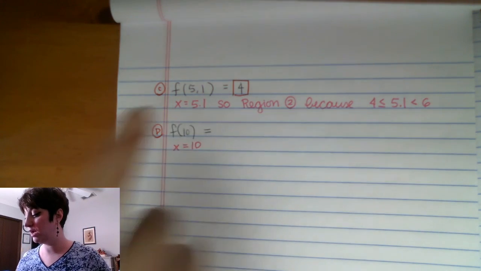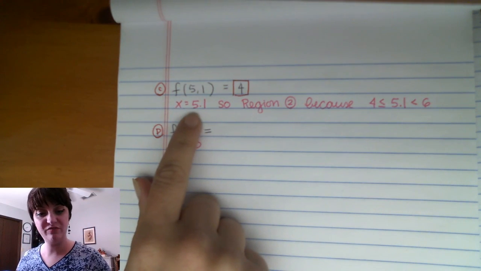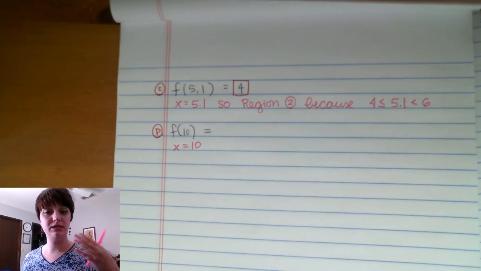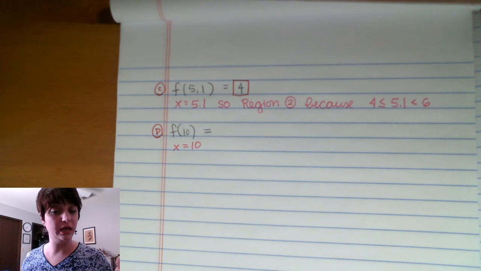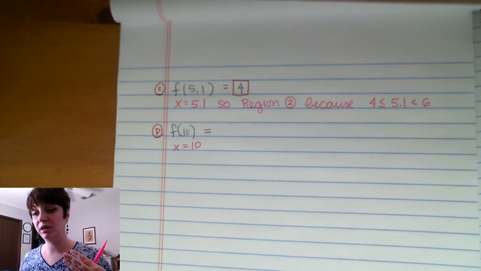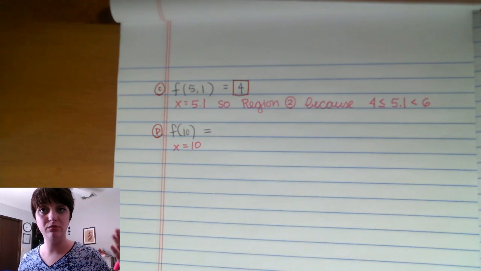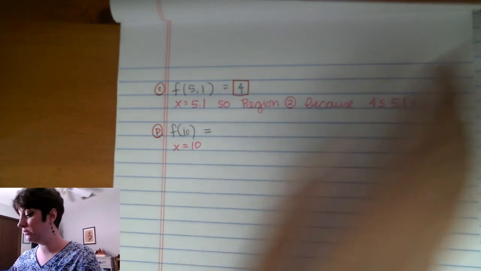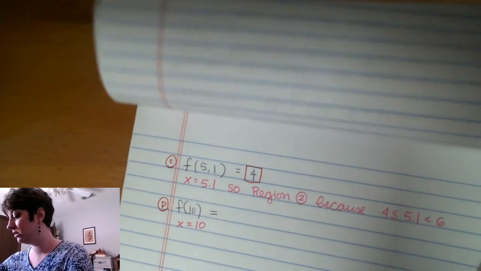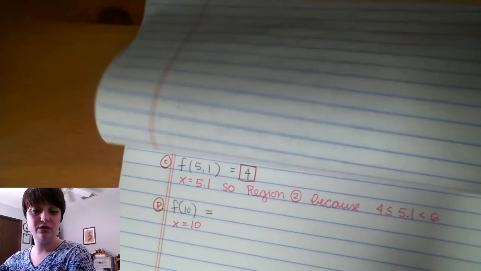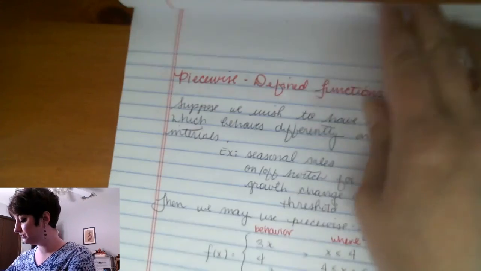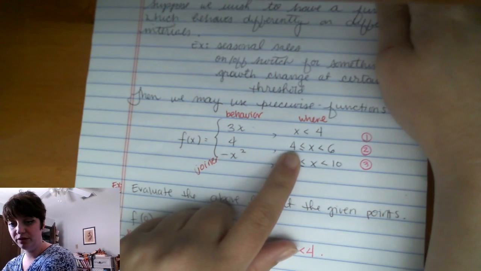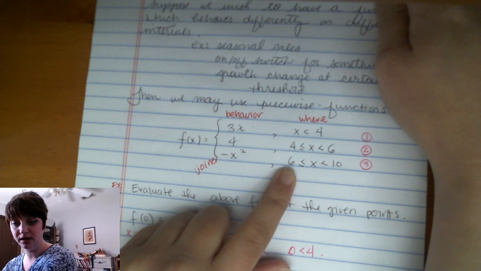So when I plug in 5.1, my machine is just always going to spit out 4. When I plugged in 7, my machine spits out the negative square. When I plug in 0, my machine spits out 3 times that number. All right, so this one, 10. One more time, I'm going to flip right back. So I have to figure out what region I'm in. The regions were less than 4, between 4 and 6, and between 6 and 10.